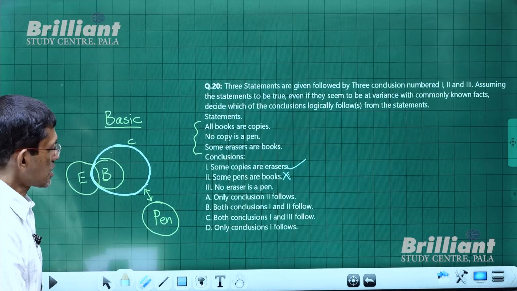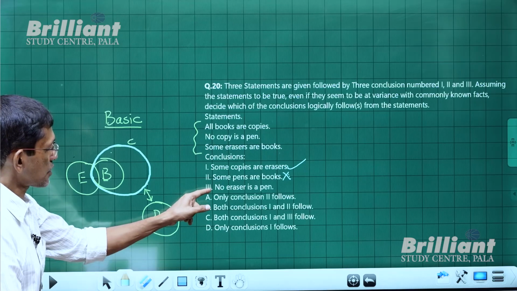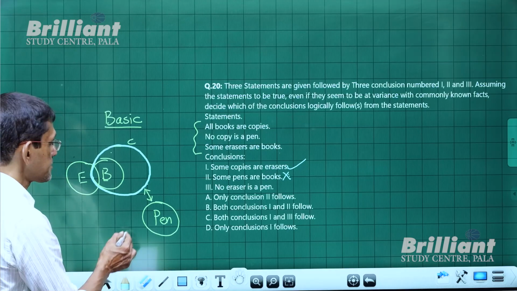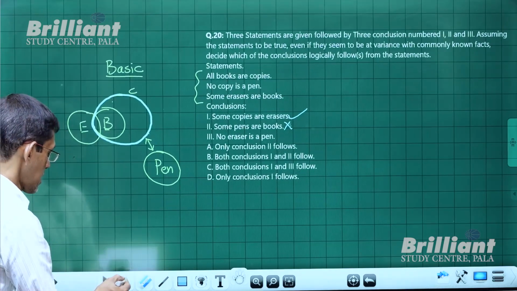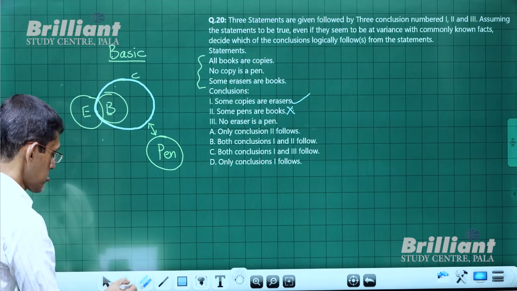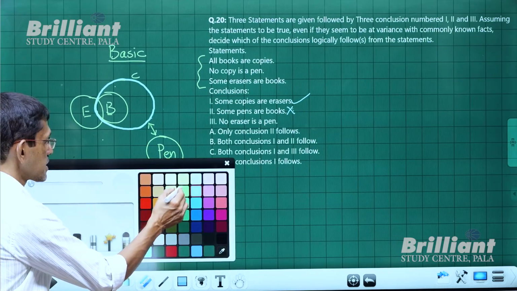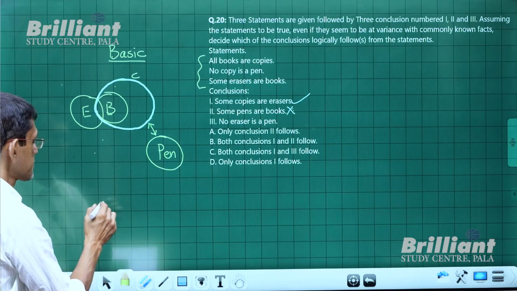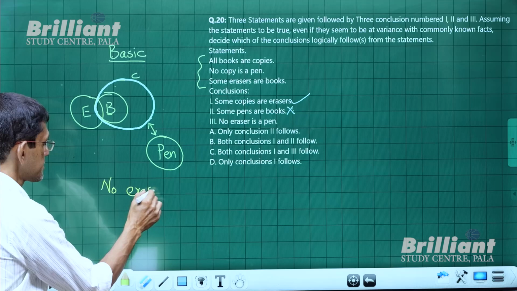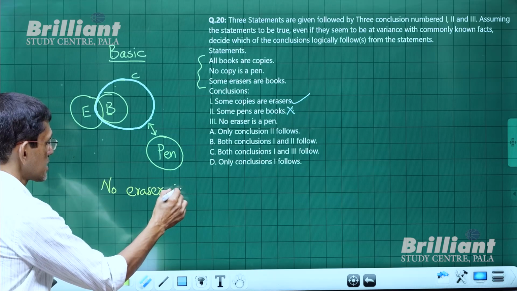Now the last one, third conclusion: no eraser is a pen. Okay, so let's look at that. Let me write that here. No eraser is a pen.